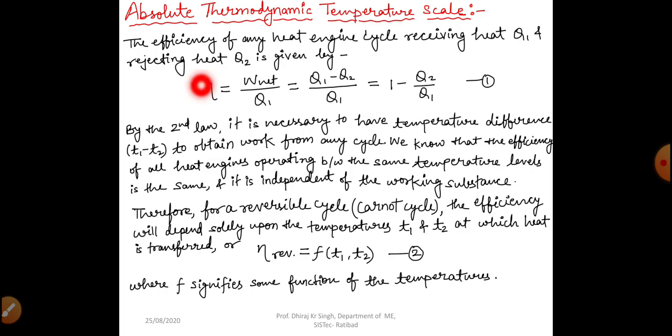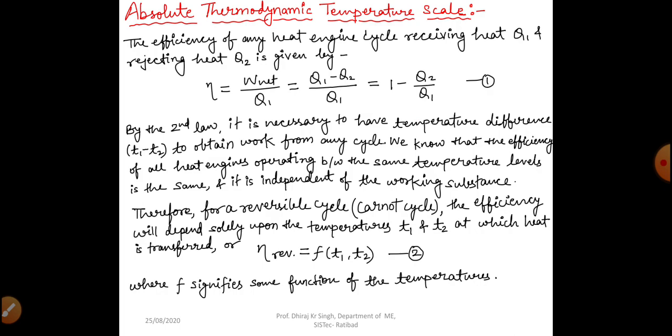The efficiency of any heat engine cycle receiving heat Q1 and rejecting heat Q2 is given by W net divided by Q1, where Q1 is the heat supplied, the input, and W net is the output. W net is heat supplied minus heat rejected, so efficiency equals (Q1 minus Q2) divided by Q1, which is 1 minus Q2 by Q1. This will be our equation 1.